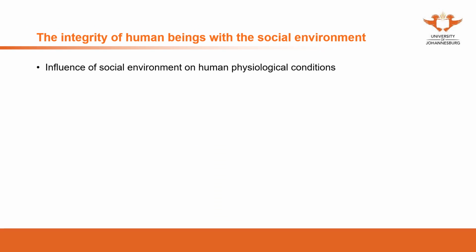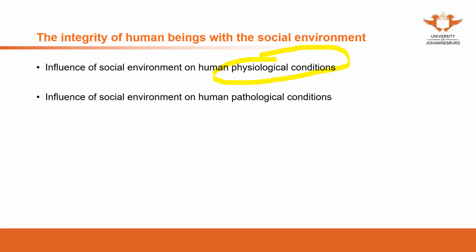The integrity of human beings with social environments. Similarly, the social environments can affect the human physiological conditions and pathological conditions. For example, our emotion is going to be affected by the society. Good society, good physiological condition. For example, in South Africa, with the crime, the criminals, we are always in fear of criminals.